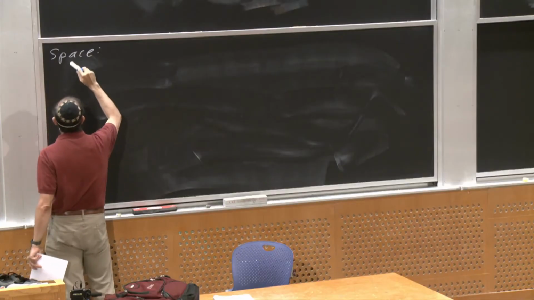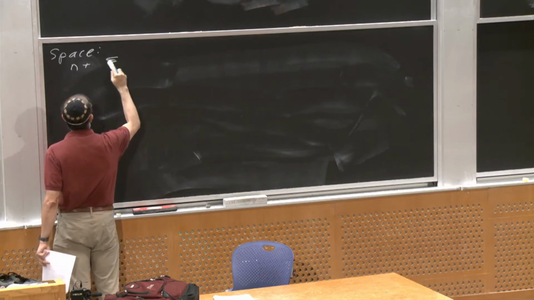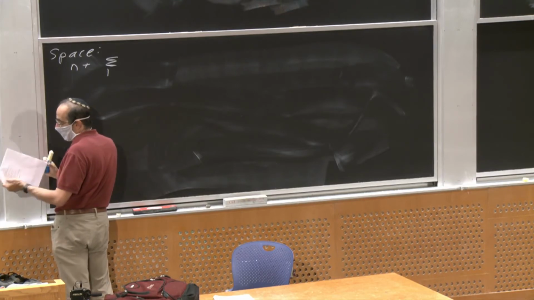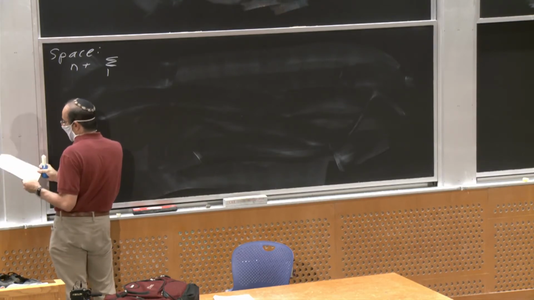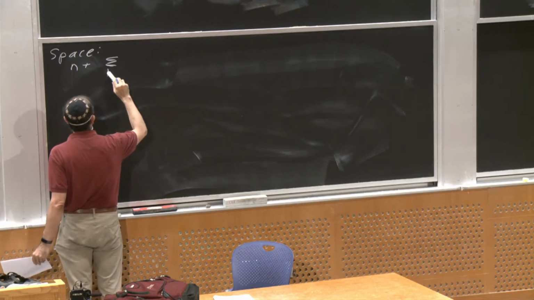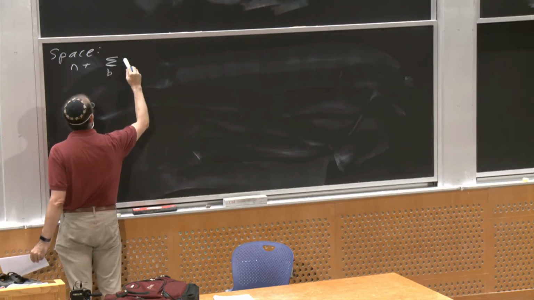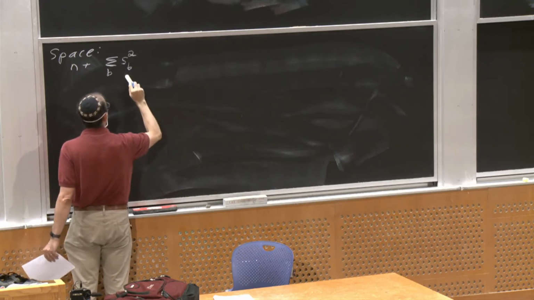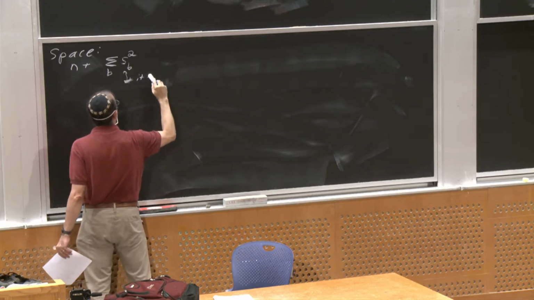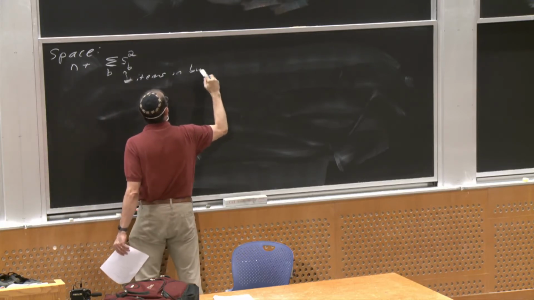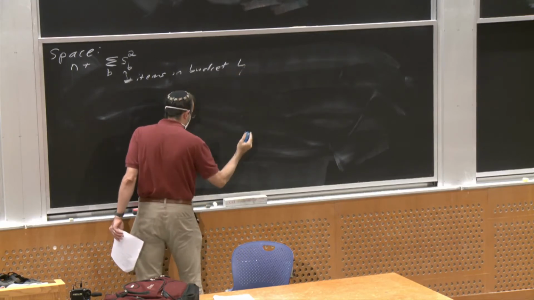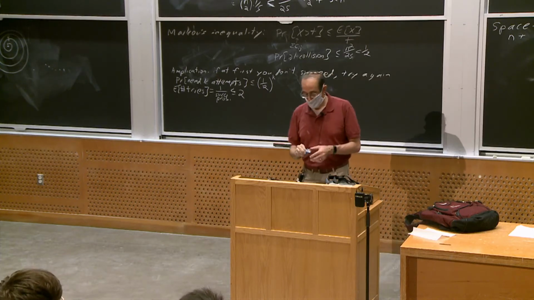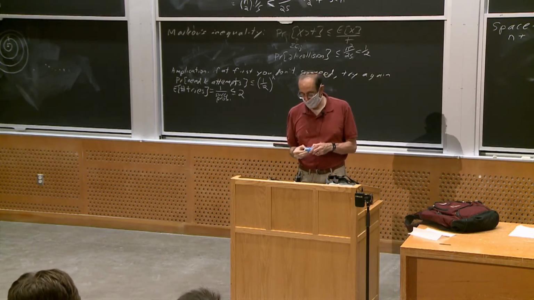Well, it's n at the top level plus the sum over all of the buckets of the size of that bucket squared, where this is the number of items in bucket B. So all we need to do is figure out that size.